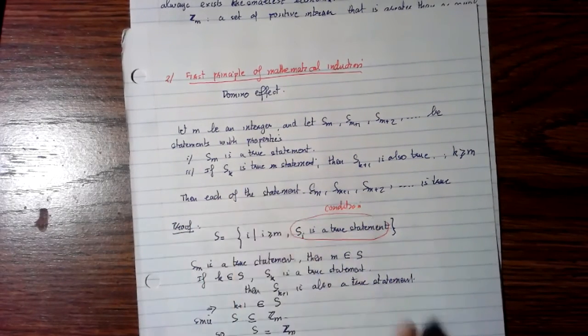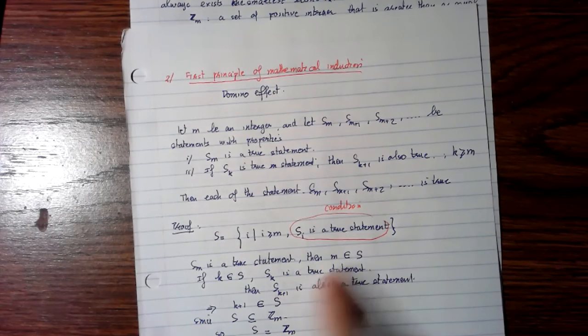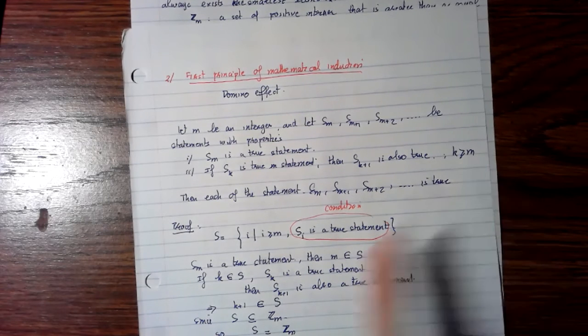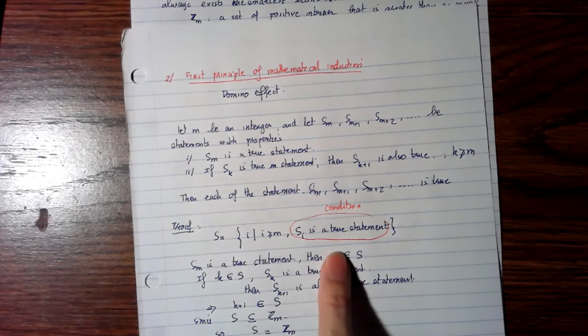And if K belongs to S, because over here K is greater than M, then S of K is also true.